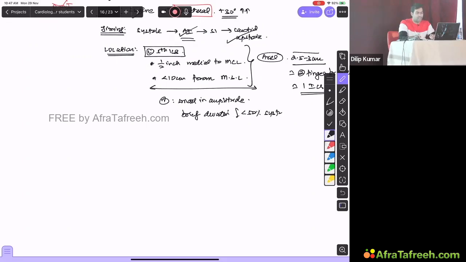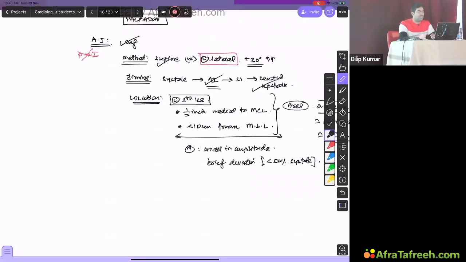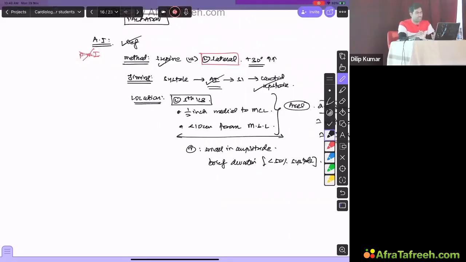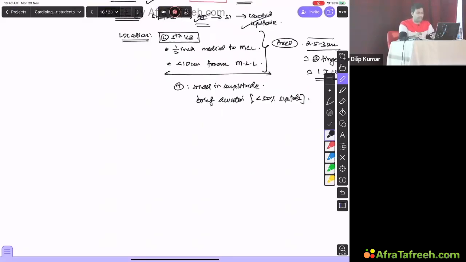It should not go beyond 50% of the systole, and it should be palpable in the above said location. So it is very small in amplitude and very brief in duration. Okay, this is how you describe the apical impulse. You need to know the definition, method, timing, location, how the normal apical impulse will be, and what will be the area covered by the normal apical impulse.